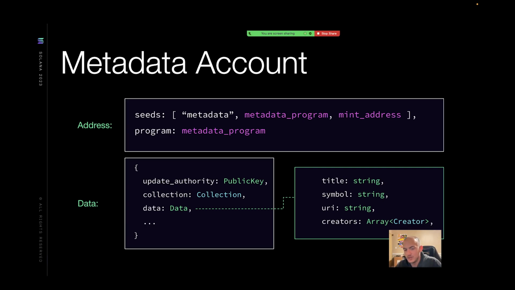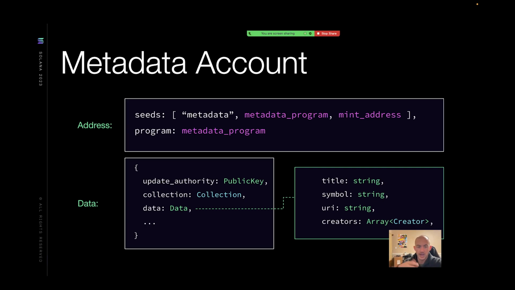The blue fields are more specific to NFTs, just as a caveat here. So you've got the creators; those would be the ones who would collect the royalties, and the collection that this NFT might be part of. But then the other fields actually can go for either just SPL tokens or NFTs. And the first one being the update authority, that's going to be the account that's allowed to actually change this metadata.